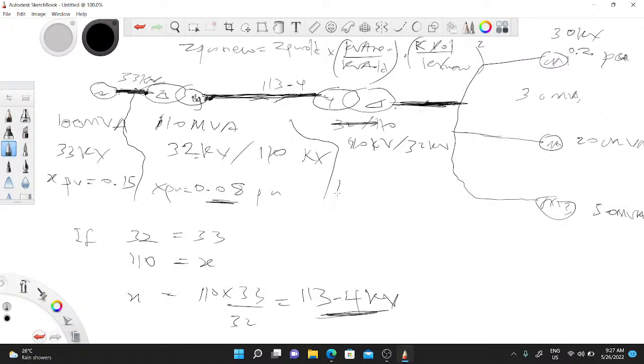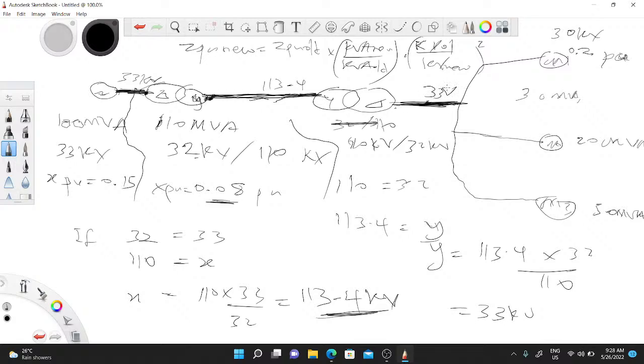If 110 corresponds to 32, how much will 113.4 give us? It makes sense. So our y will be equal to 113.4 times 32 over 110, and that will give you 33 kilovolts. So the base I'll be using here will be 33 kilovolts.